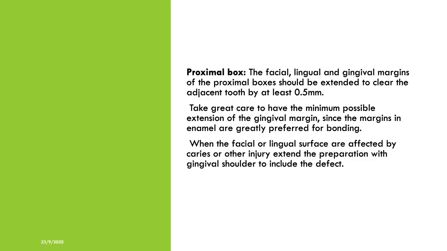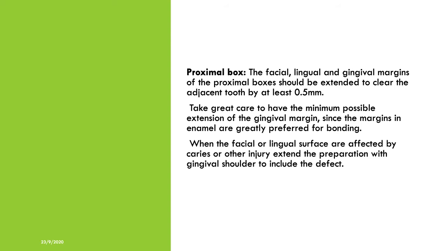Coming to the proximal box, the facial, lingual and gingival margins of the proximal boxes should be extended to clear the adjacent tooth by at least 0.5 mm. Take great care to have the minimum possible extension of the gingival margin since margins in enamel are greatly preferred for bonding.